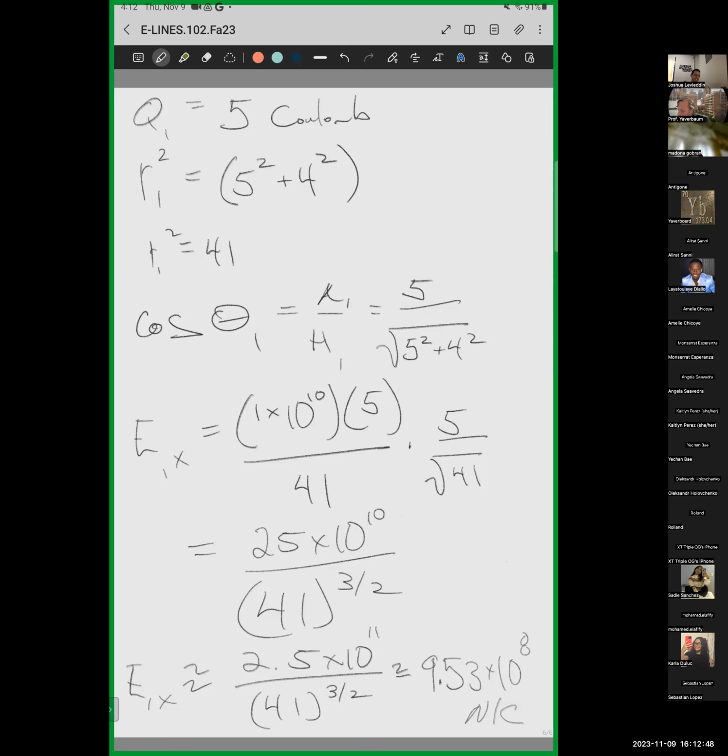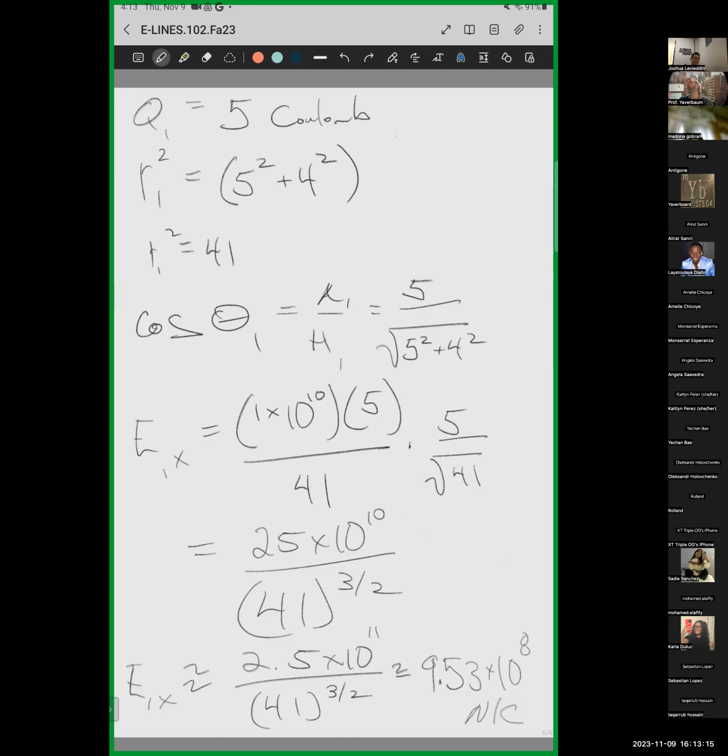Oh yeah, so I have 41 in the denominator. Well, here, yes, good question. What I'm doing is this. The short answer is I have in the denominator 41 times the square root of 41. So really that is 41 to the first power times 41 to the 1/2 power.